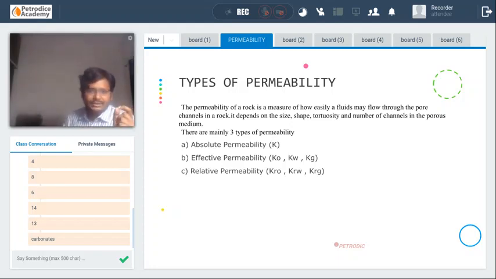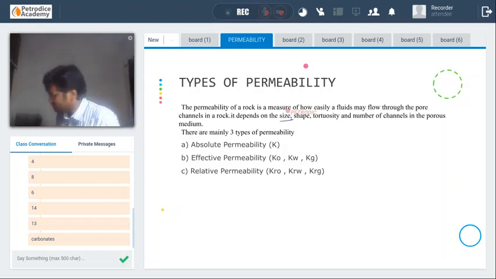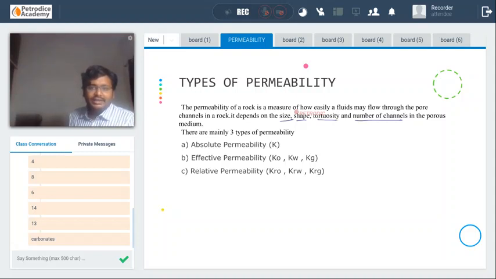Generally, permeability will depend upon several factors, be it size, shape, tortuosity and the number of pores or channels in a particular porous medium.